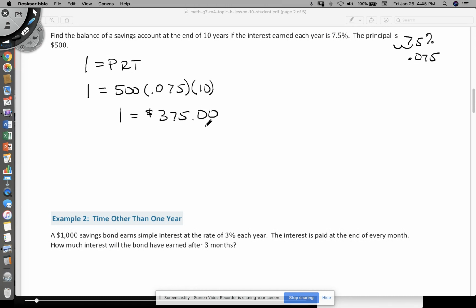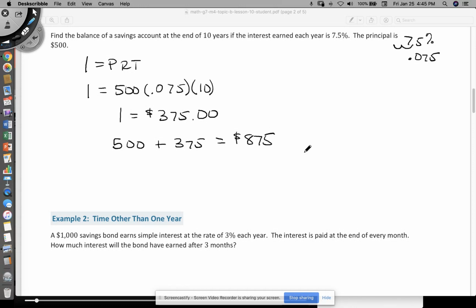Now, we need to find out what it's going to be in the end. What is his account balance? It's not $375. That's what he earned in interest. So we're going to take $500 and add the $375 to that, and at the end of 10 years, this account would have balanced out at $875.